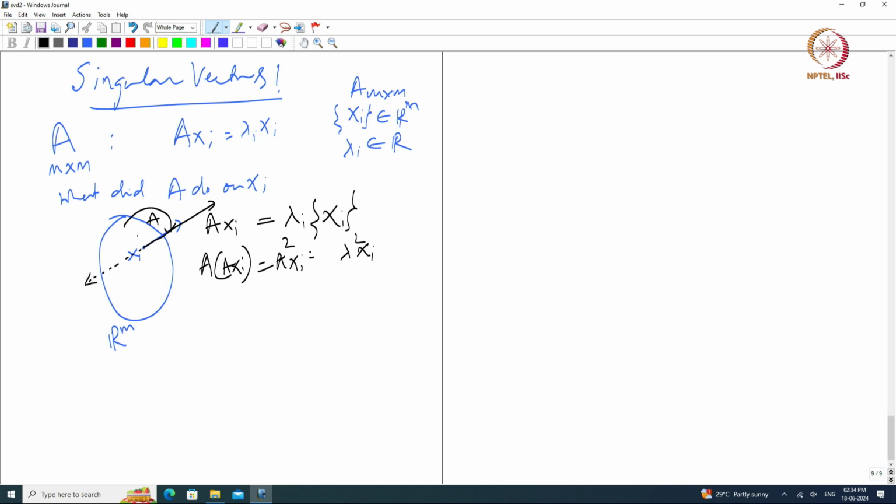So, any number of times you apply A, A to the power n xi simply takes the eigenvector which belongs to Rm and scales it, positive or negative, by lambda i, lambda i squared, lambda i cube, whatever you do.